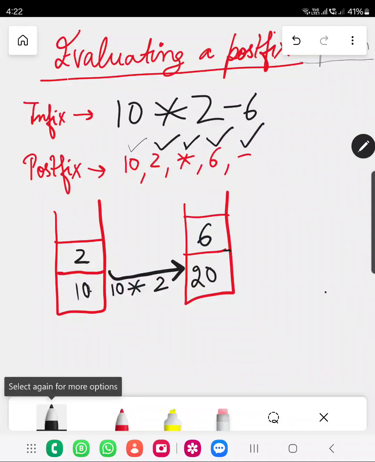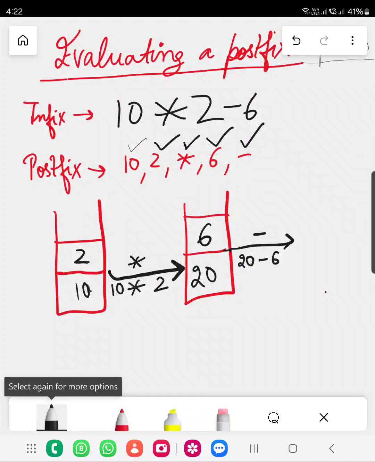Then you have minus. Now minus is again an operator. Whenever we have an operator, we will perform B, which is 20, operator A, which is 6, where A is the top element and B is the second top element. And now we'll perform 20 minus 6.